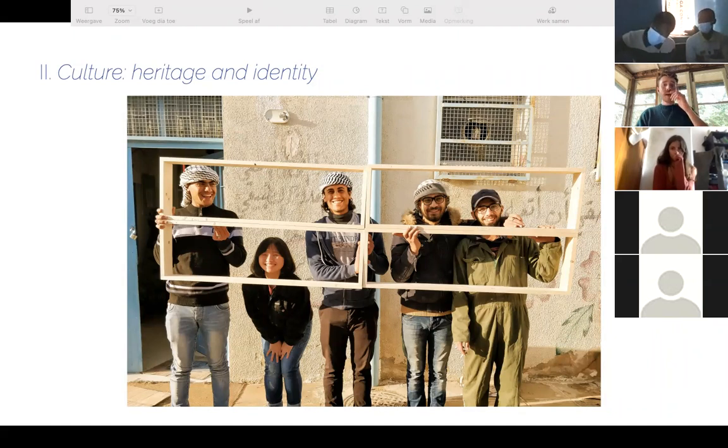Yeah, anyway, another part talks about culture, heritage, and identity. For many refugees, particularly here, the Palestinian refugees, their grandparents and parents came from agricultural backgrounds. As they became refugees, they have more or less transformed into entrepreneurs, into traders, and working in the secondary and tertiary economy. But this sense of heritage, sense of identity is still strongly there.